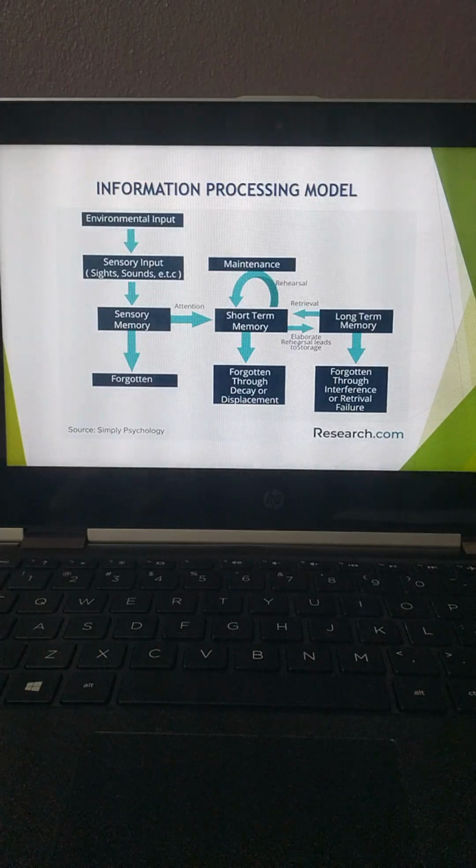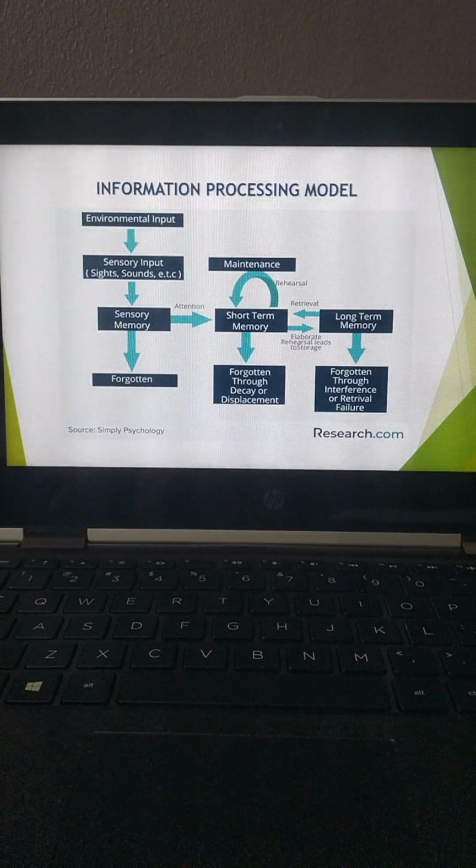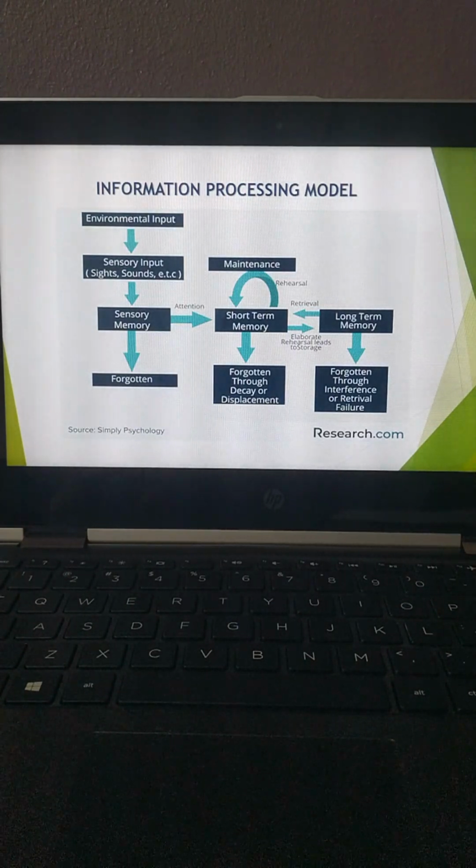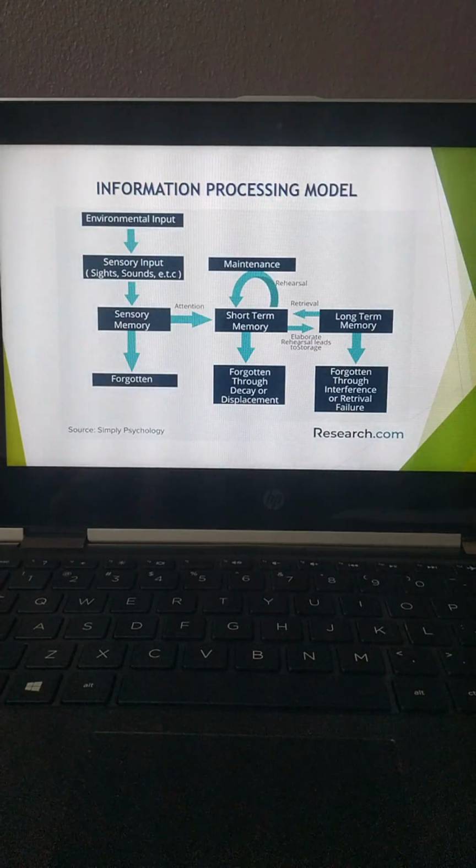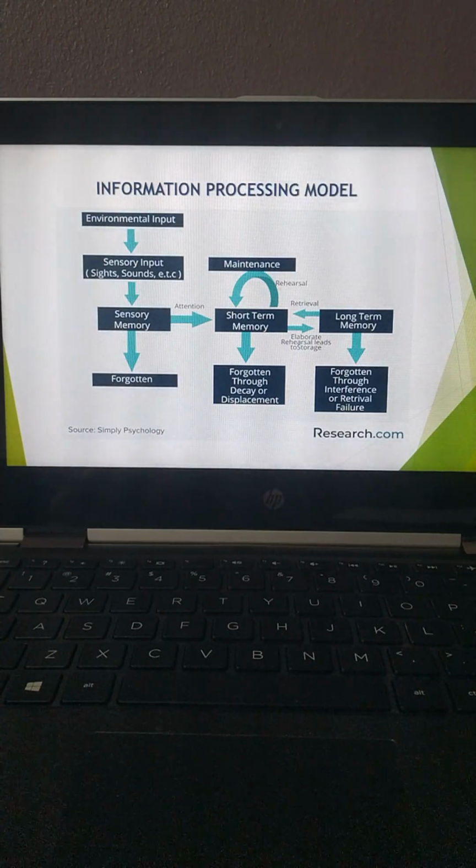These components of the memory are very important because each and every one of them plays a very crucial role when it comes to information processing, when it comes to how we encode, store, and retrieve information.